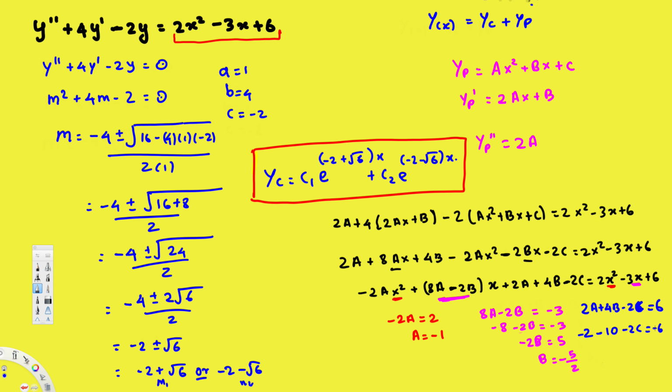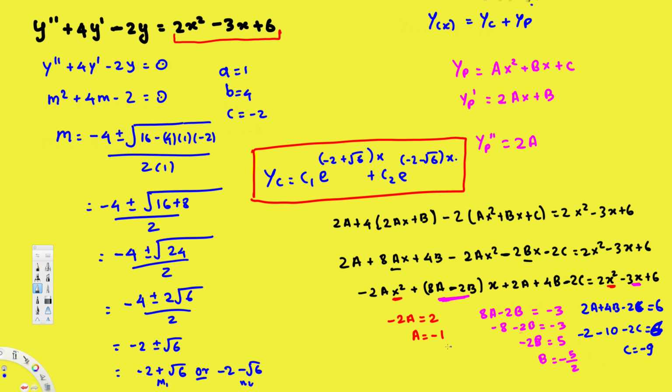If I bring this to the other side, that's positive 12 plus 6, that's 18. 18 divided by negative 2, that's 9, so c is equal to negative 9.